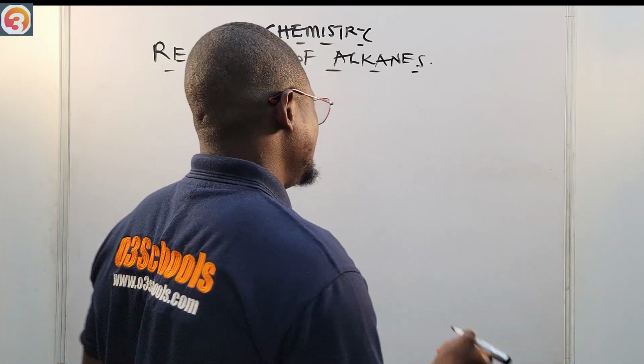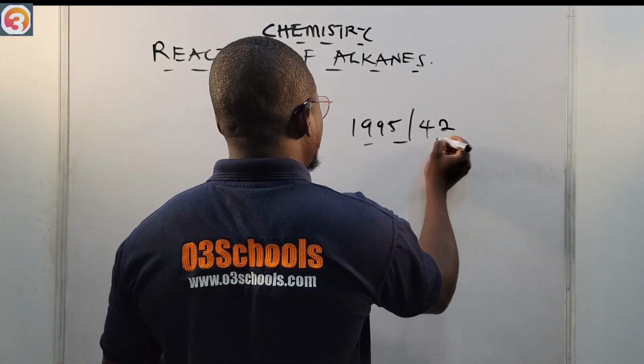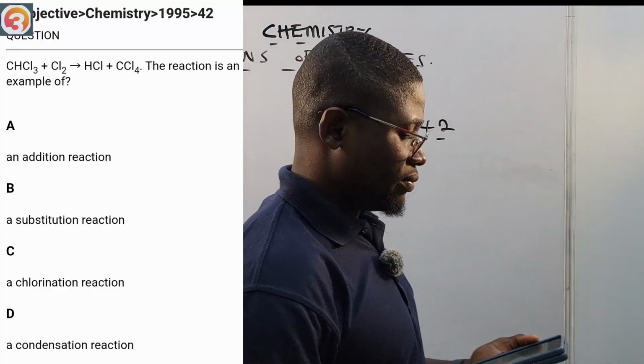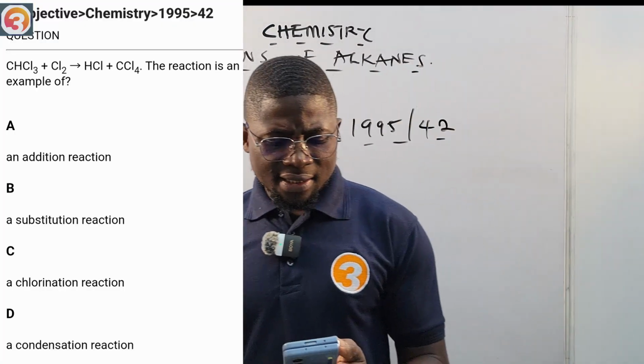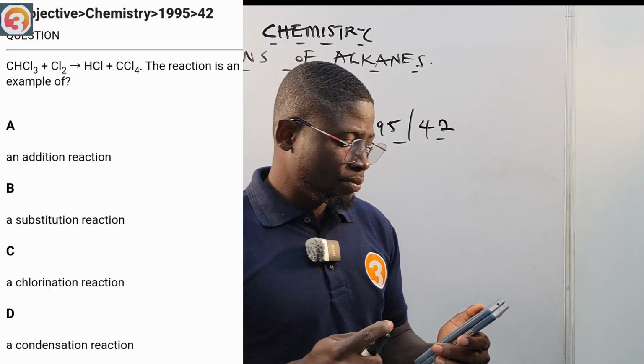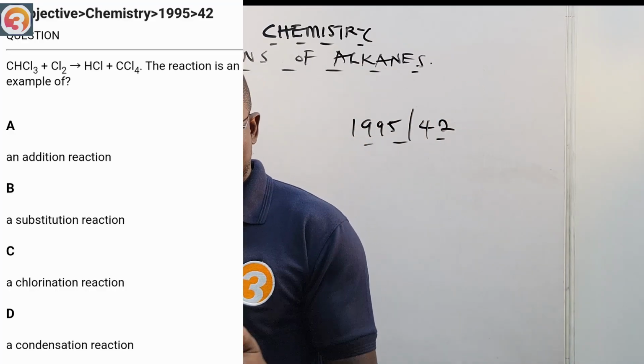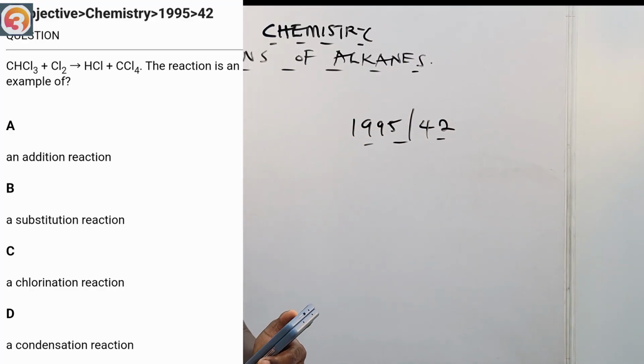This is a 1995 question, number 42, currently displayed on the screen. CHCl3, that is chloroform, plus Cl2, the products are HCl plus tetrachloride.